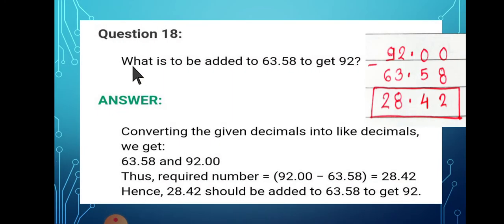Our question number 18 is, what is to be added to 63 rupees 58 paise to get 92? Once again I repeat, what is to be added to 63.58 to get 92?